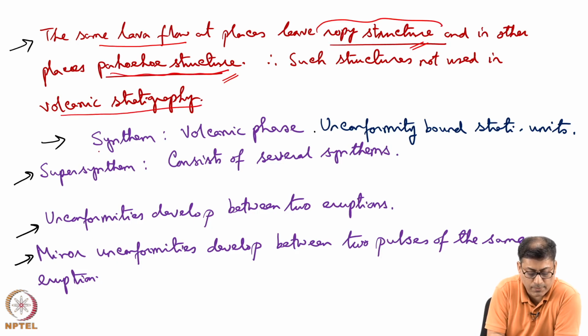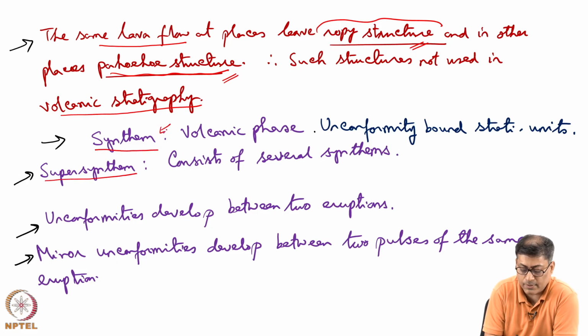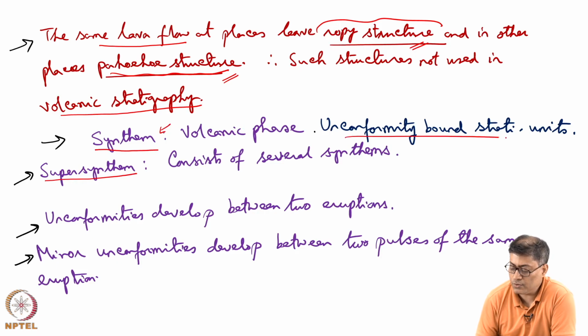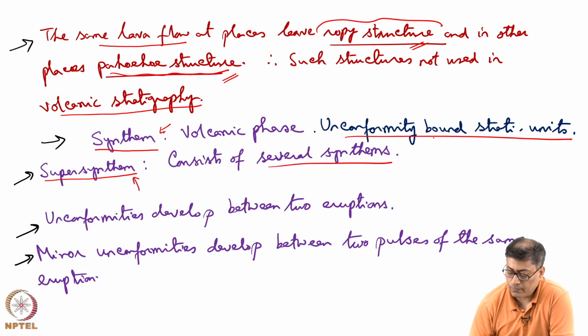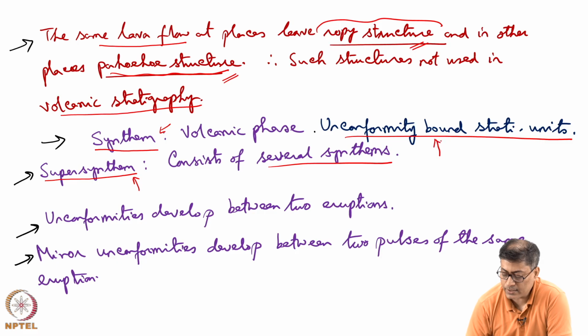There are two terms important in volcanic stratigraphy: synthem and supersynthem. What is a synthem? It is a volcanic phase and unconformity-bound stratigraphic unit. A supersynthem consists of several synthems. While talking about lithostratigraphy, I mentioned that groups and supergroups can be unconformity bounded.